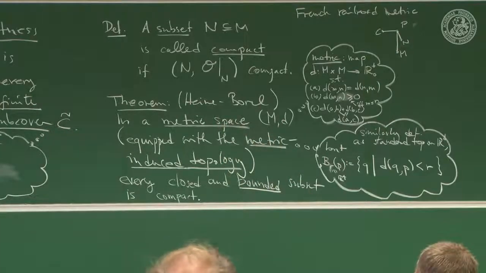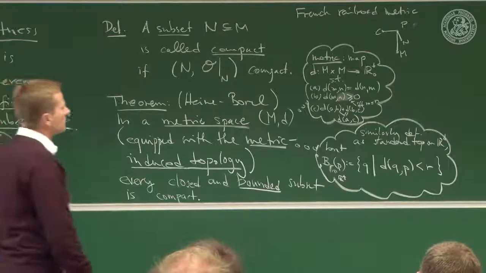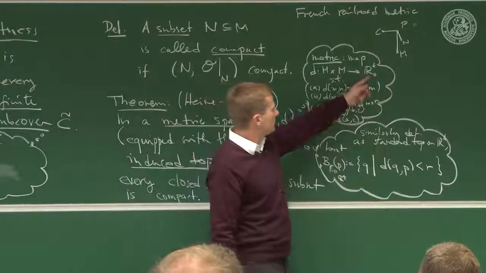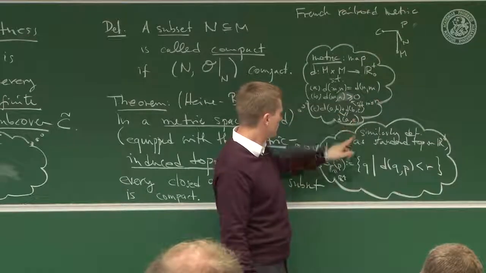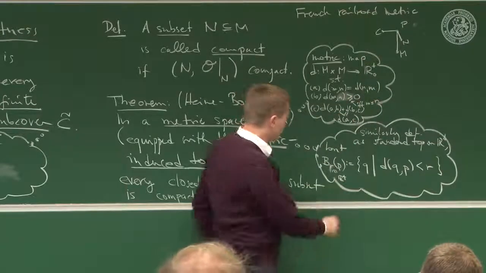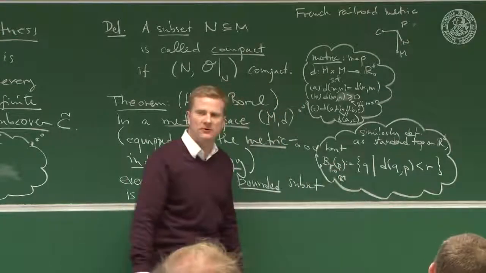Yes? Why is the metric-induced topology an element of R plus and not of R plus 0, like the metric space form? You mean this one? Yeah. Well, the metric-induced topology on bottom. Yeah. Why is that only element of R plus? No, sorry. So this R, this radius, is supposed to be greater than 0. Yeah.